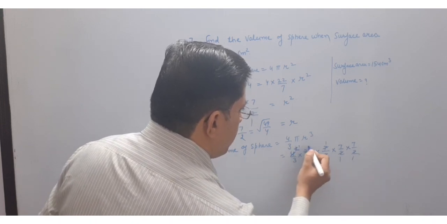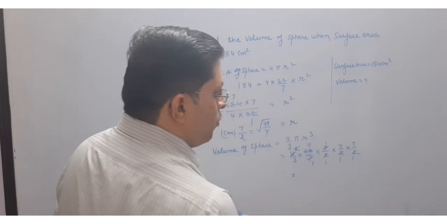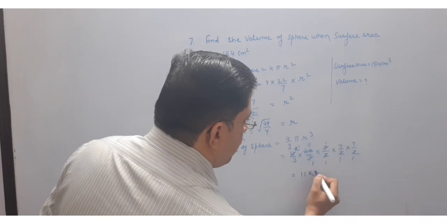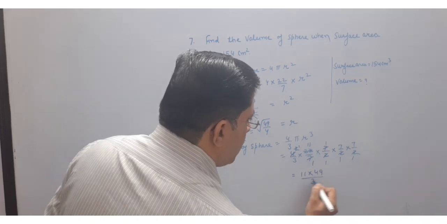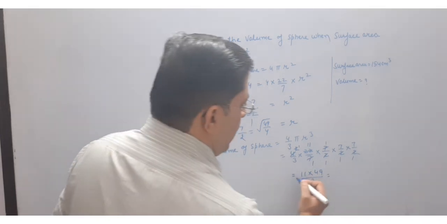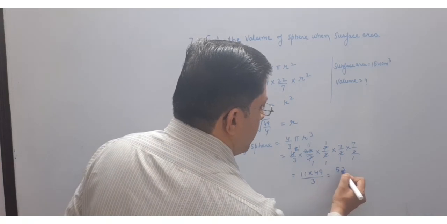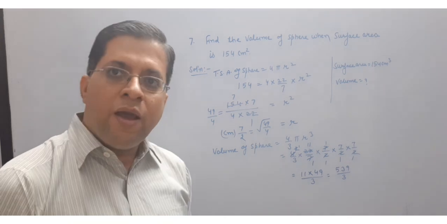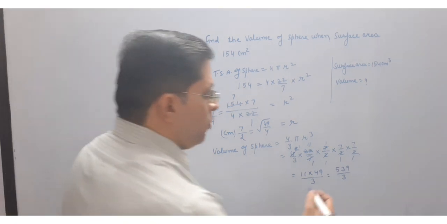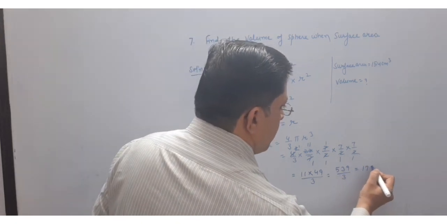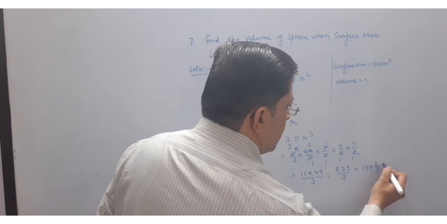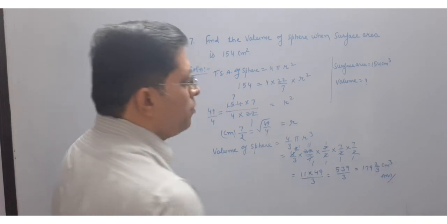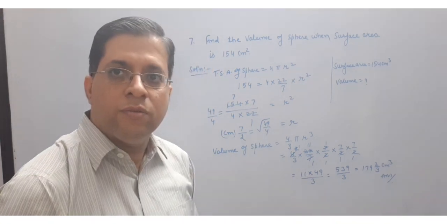And here is 11. So what will be? Then 11 into 7, 7 7s are 49 upon 3. Okay, when you multiply it by Vedic method, you will get 539 upon 3. And take answers in fraction. This will become 1792 upon 3 centimeter cube. And this is your answer.